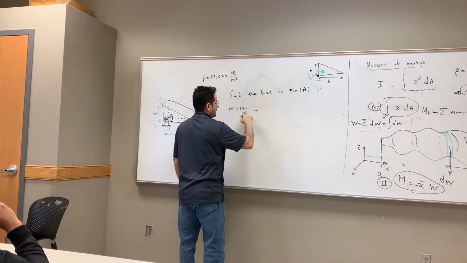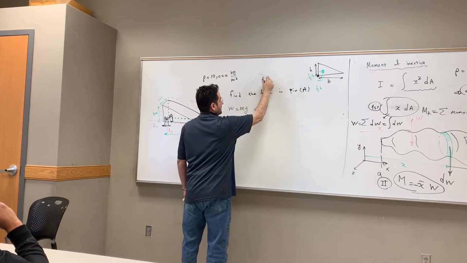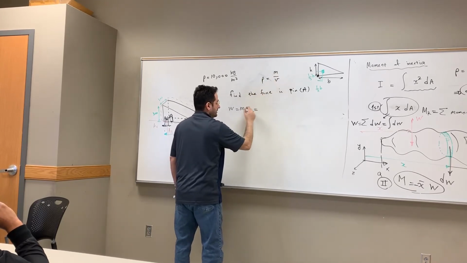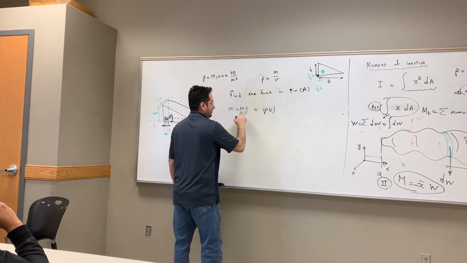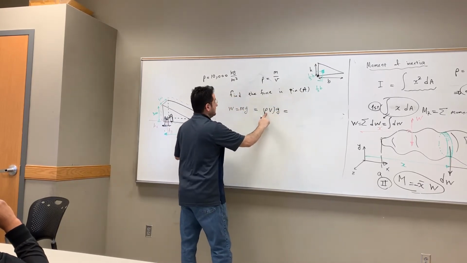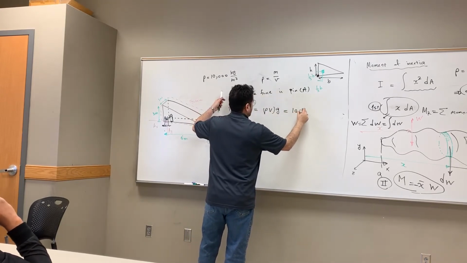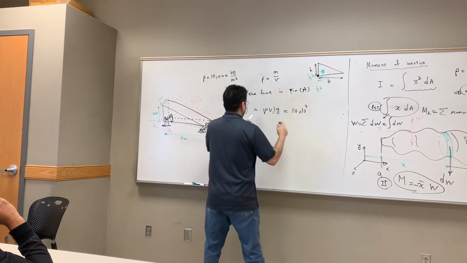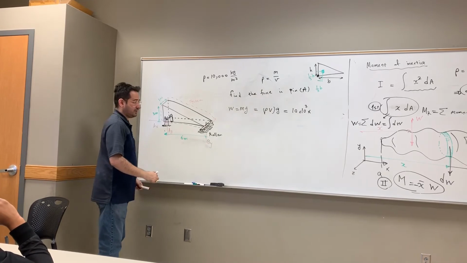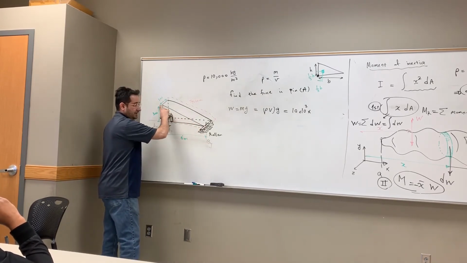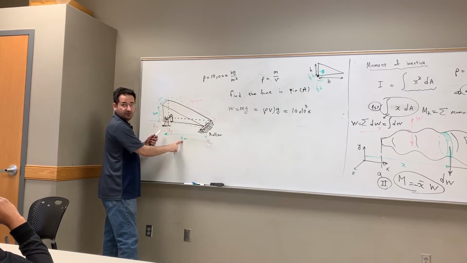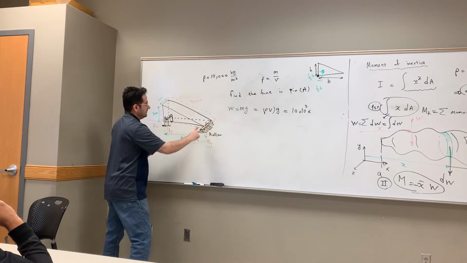Density is mass over volume. So mass is equal to density times volume. And then you have g. So let's compute weight. What's the density? 10 to the 3, right? Times volume. Volume of this is the base area, which is 3 times 6, 18 divided by 2, 9, times height.